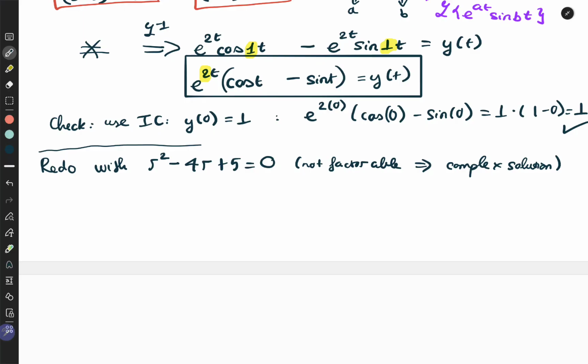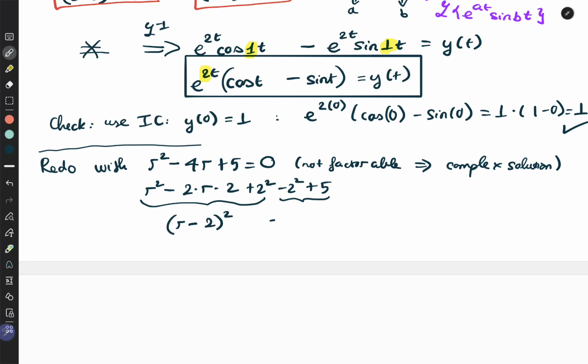So instead of using the traditional quadratic formula, I already completed the square above. I'm just going to do it one more time over here. So r squared minus 2 times r times 2 plus 5. I need 2 squared, minus 2 squared. The first 3 terms will give me (r minus 2) squared.